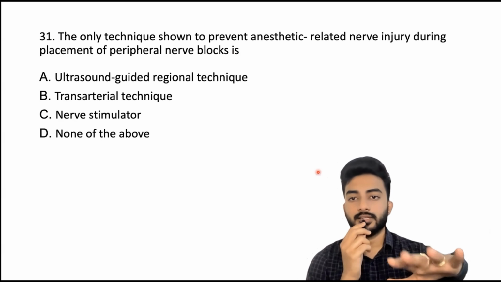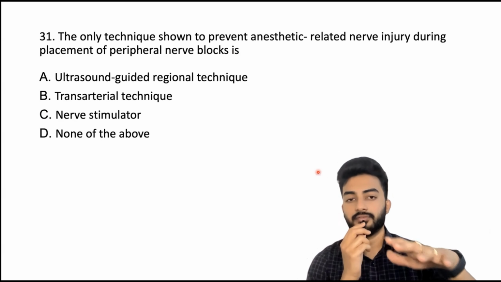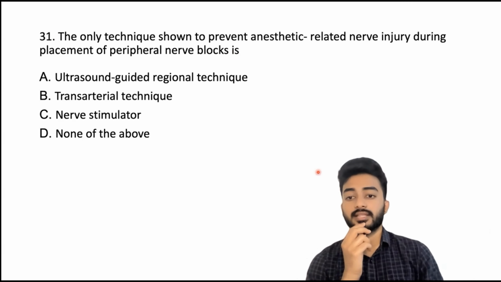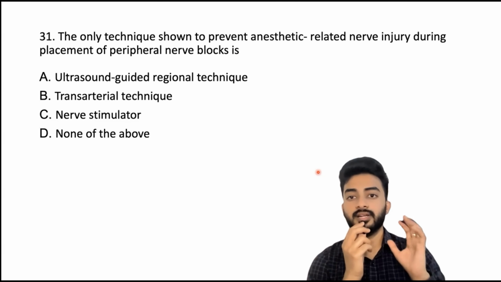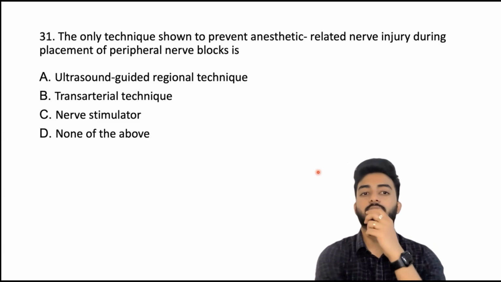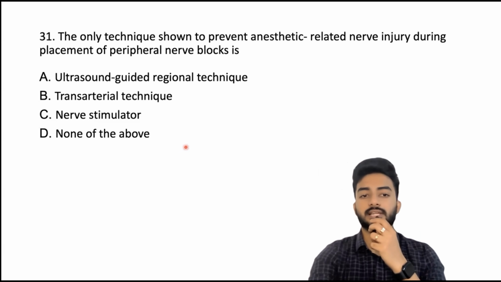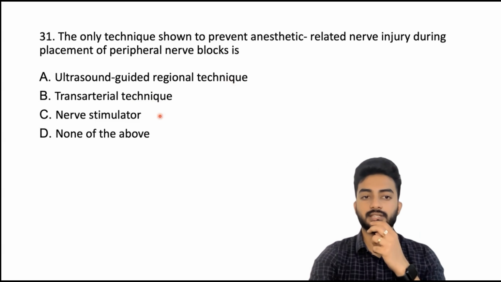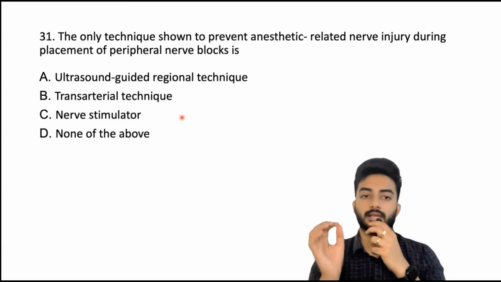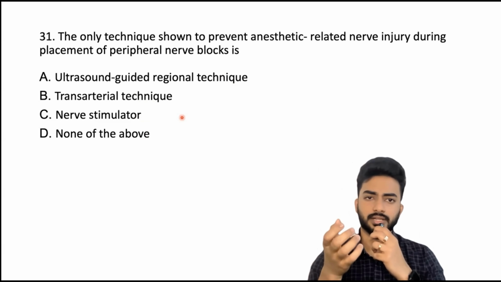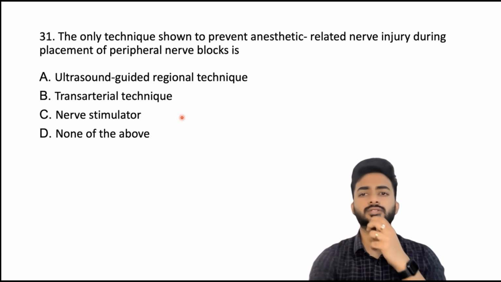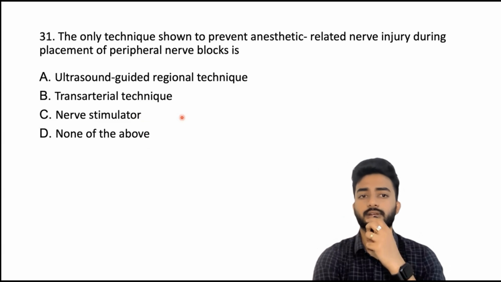So these are the different types of peripheral nerve block techniques. They are asking which technique has scientifically shown to prevent anesthetic nerve related damage. So you can easily eliminate option D and option B. You will be left out with ultrasound guided regional technique and nerve stimulator technique. Even with nerve stimulator, you can detect the nerves, and even with ultrasound guided technique, nerve injury can be prevented.